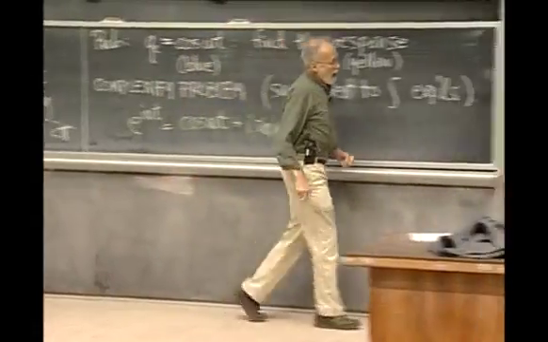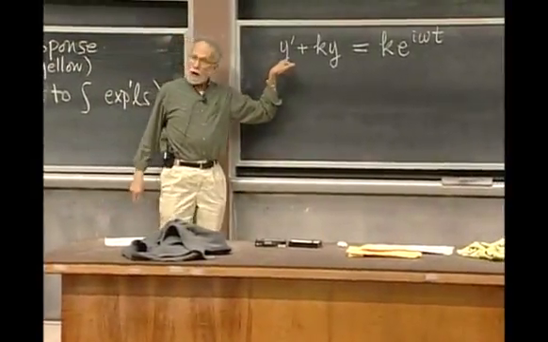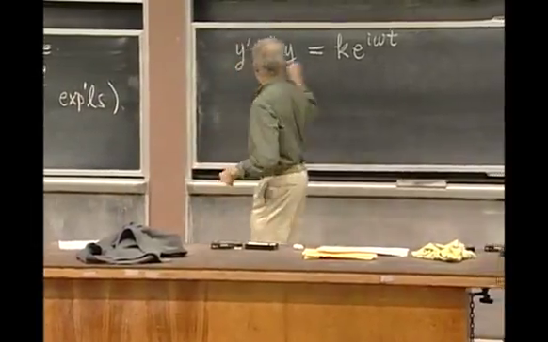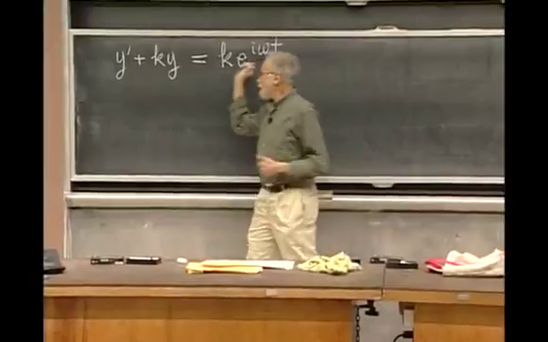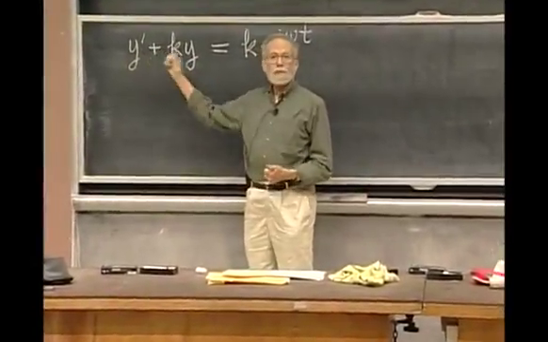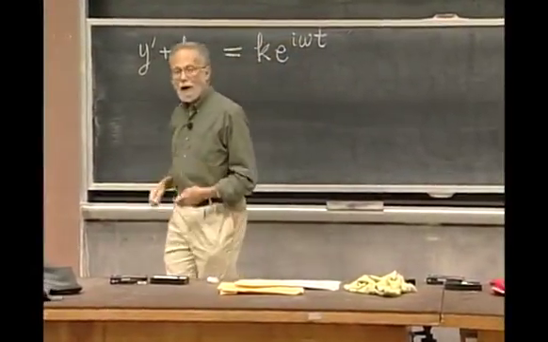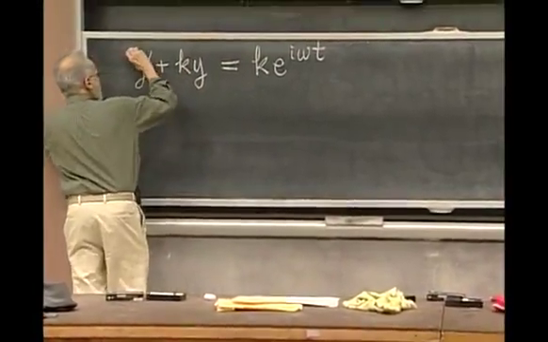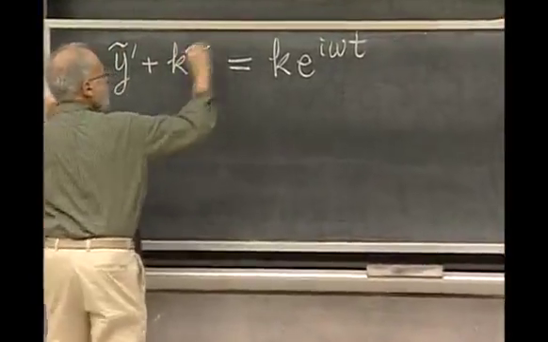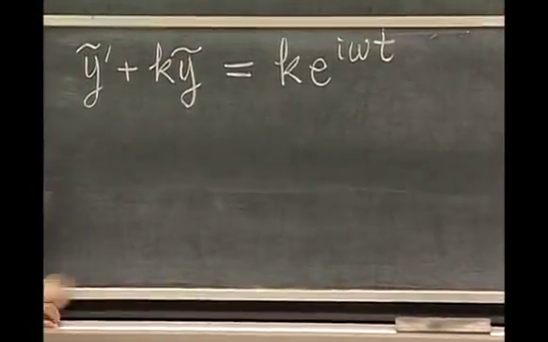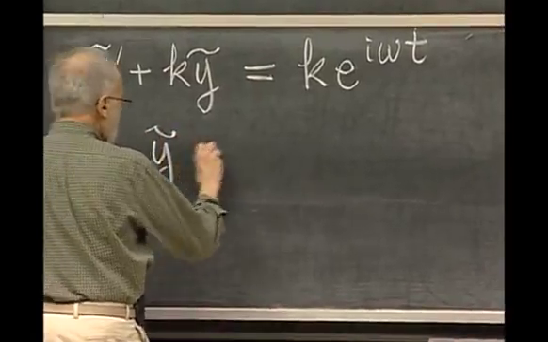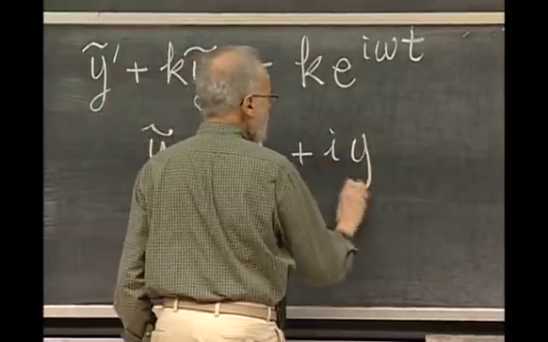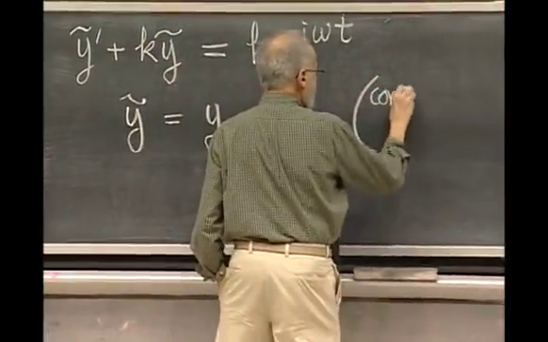Now, I have a problem, because y in this equation means the real function which solves that problem. I therefore cannot continue to call this y, because I want y to be a real function. I have to change its name. Since the right-hand side is a complex function, I'll have to expect a complex solution to the differential equation. I'm going to call that complex solution y tilde, and it's going to have the form y1 plus i times y2.